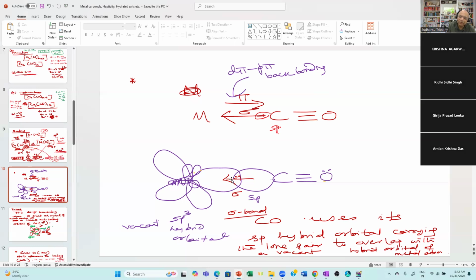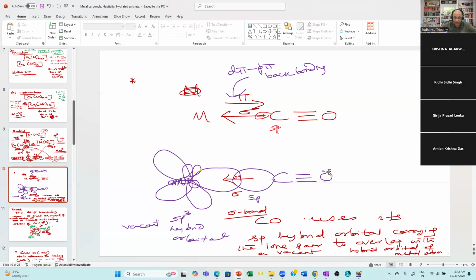In ligand field theory it is known in a different way, but I'm not explaining in the form of ligand field theory. So here, just applying the VBT and a little bit of MOT, molecular orbital theory, of carbon monoxide. We have studied the MOT of carbon monoxide, where there is a very peculiar kind of difference.